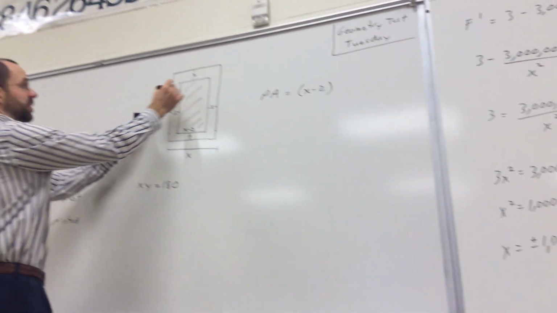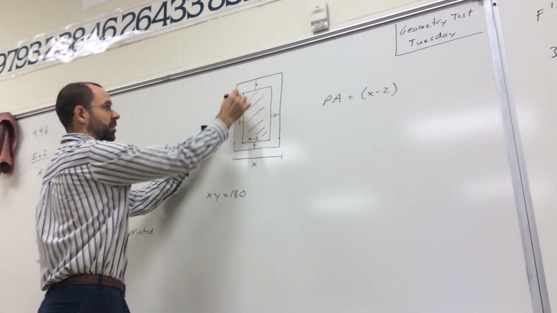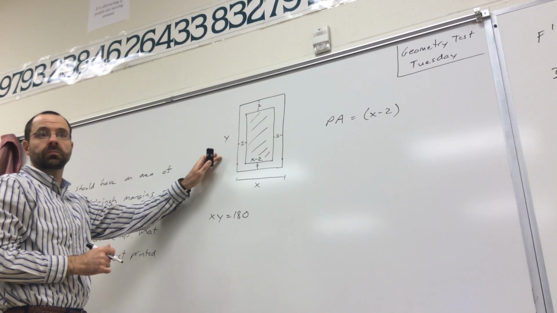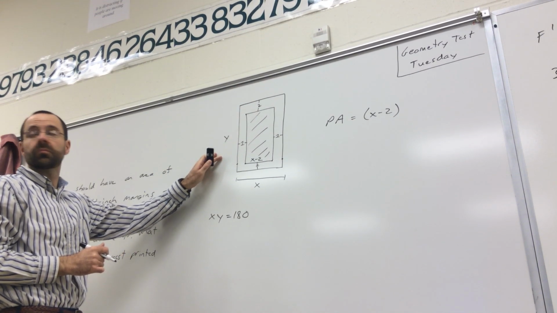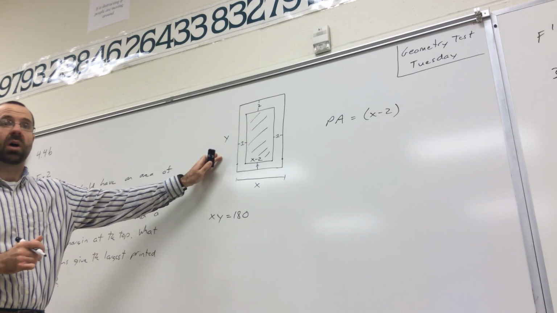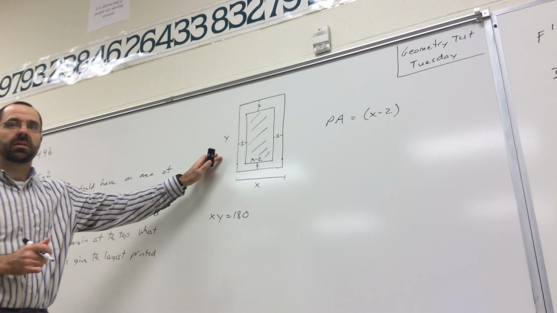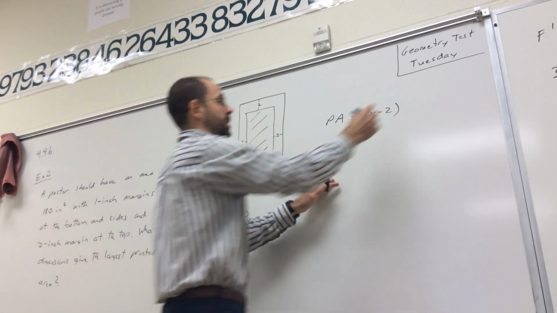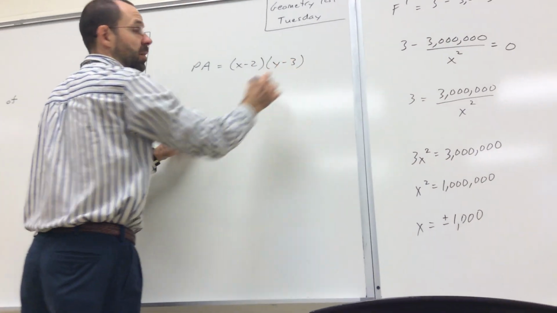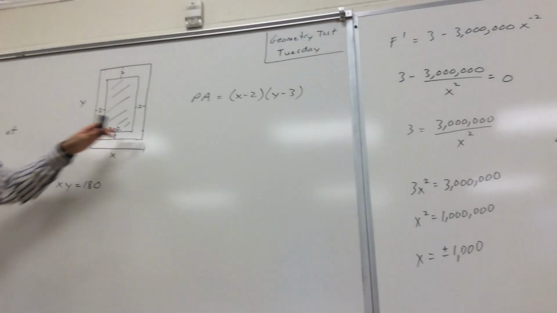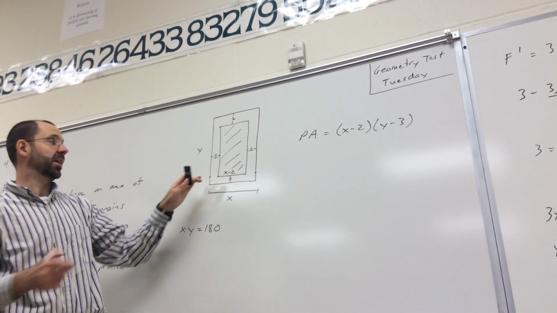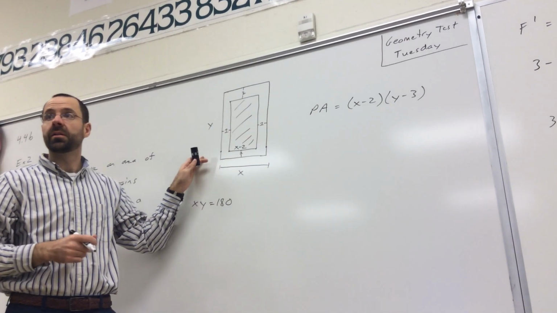And then how about the distance from here to here? What's that? Y minus 3. Everybody good with that? Because I subtracted 1 on the bottom and 2 on the top. And then if you take the x minus 2 times the y minus 3, that'll give you the area inside there.